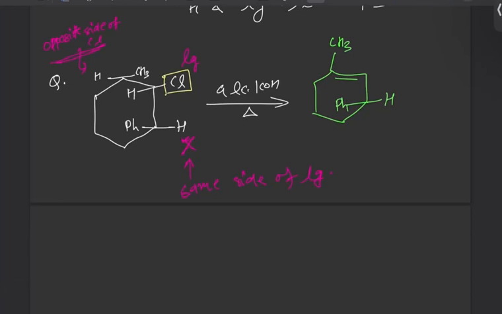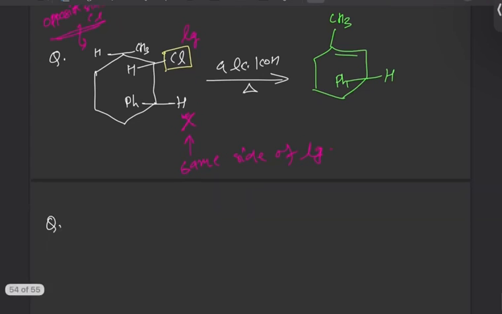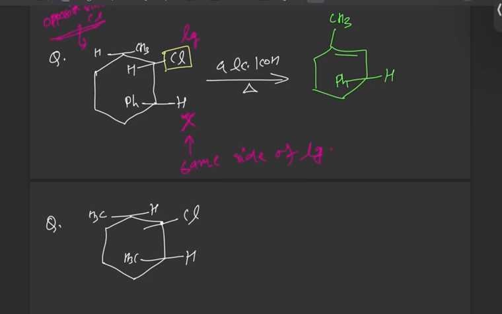Okay, one more example on the same point. Suppose there is this case, and this time this hydrogen is given, this hydrogen is given, this CH3 is given, and this CH3 is given, and this Cl is given, this CH3 is given. Now tell me, will it form a product with alcoholic KOH plus heat?